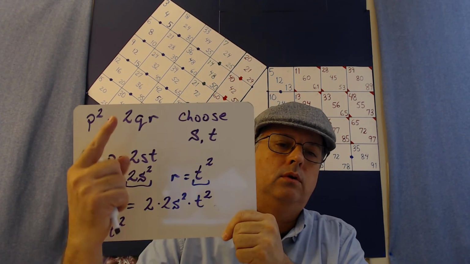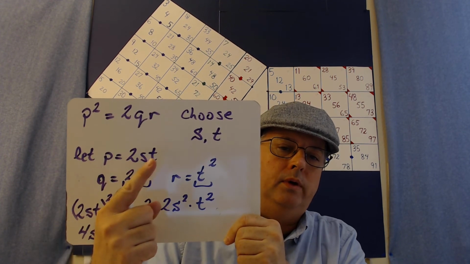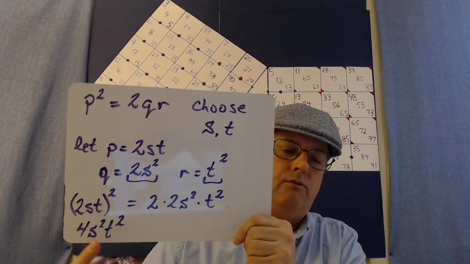So we have p squared, that's p is 2st, and we squared it, and we got 4s squared t squared.